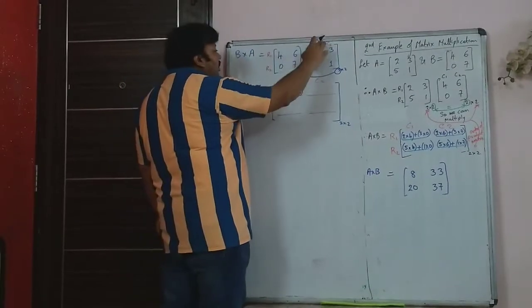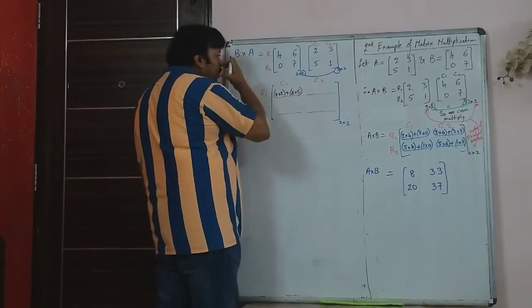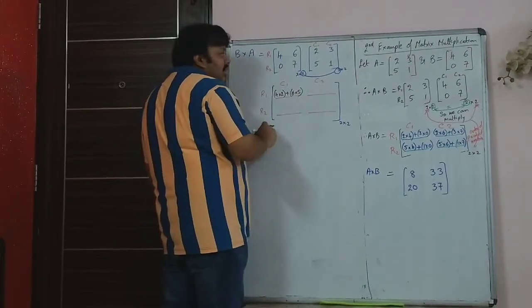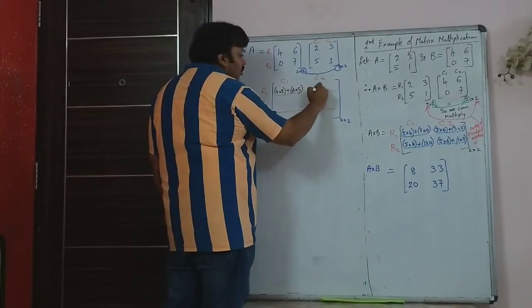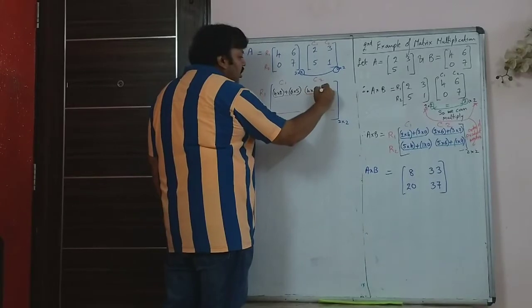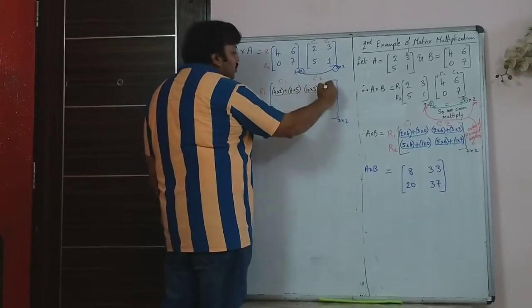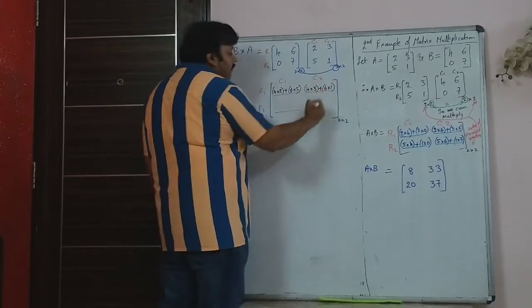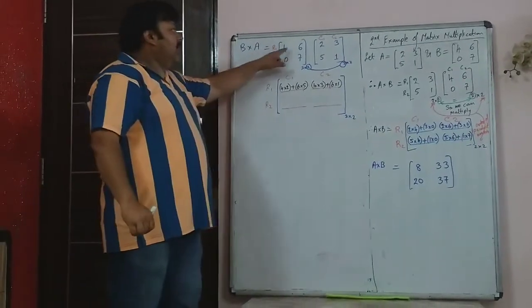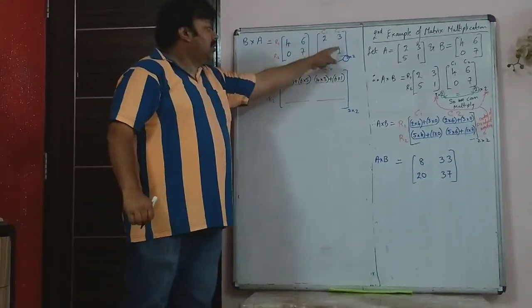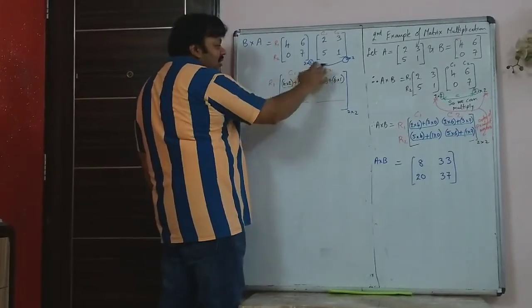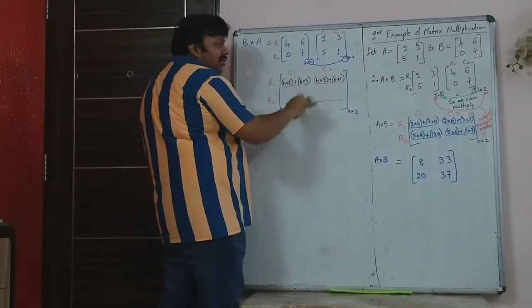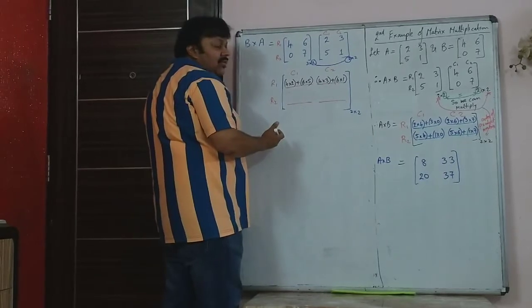Then row 1 with column 2. So it is 4 into 3 plus 6 into 1. So you are looking at the position. Once you have written this, the seat number becomes easy, so it is easy to decide what to multiply.